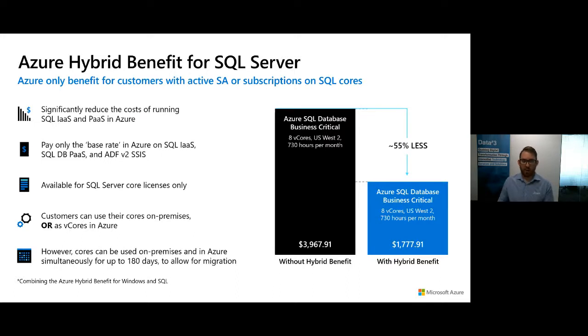The other benefit of Azure Hybrid Benefit is that migrating a database or a whole application stack can take time, so you get the ability to use that license for 180 days to allow time for migration across on-premises and Azure at the same time. That's really valuable to make sure you're compliant with any licensing requirements also.